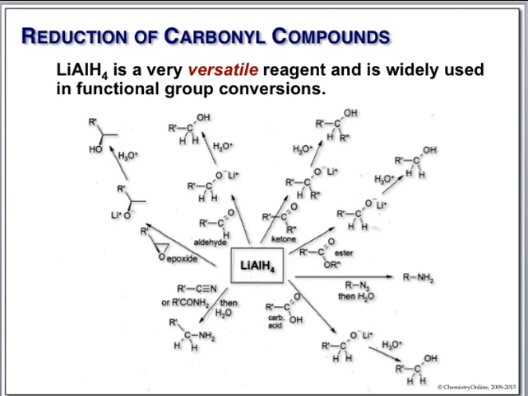Ones that we just talked about here, we'll do today. With aldehydes to get primary alcohols, ketones to get secondary. Esters also react nicely to give us alcohols out here. Reactions with azides, carboxylic acids, these guys are things that you'll cover next semester.